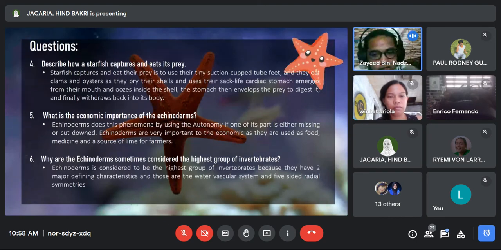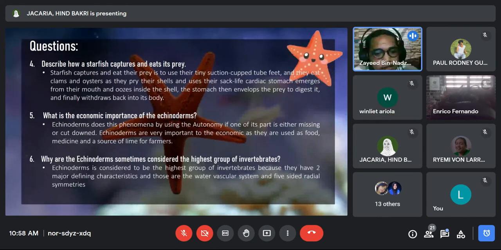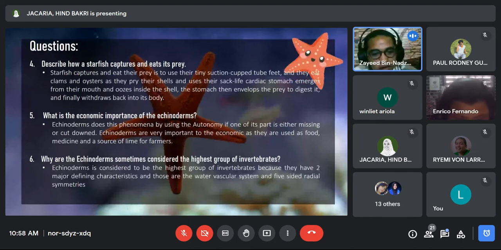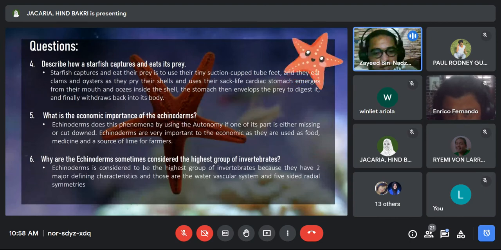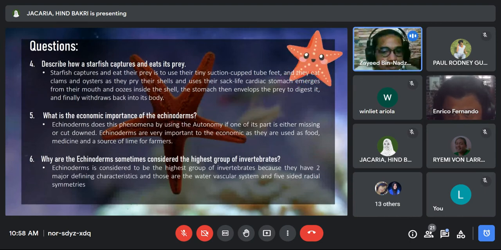The second to the last question is, what is the economic importance of echinoderms? For our answer, echinoderms do this phenomenon by using autonomy if one of their parts is either missing or cut off. Echinoderms are very important economically because they are used as food, medicine, and a source of lime for farmers.